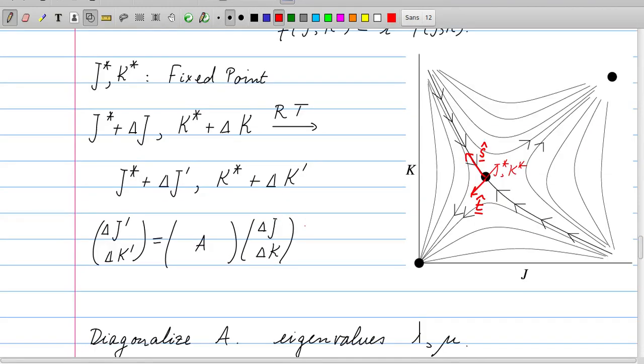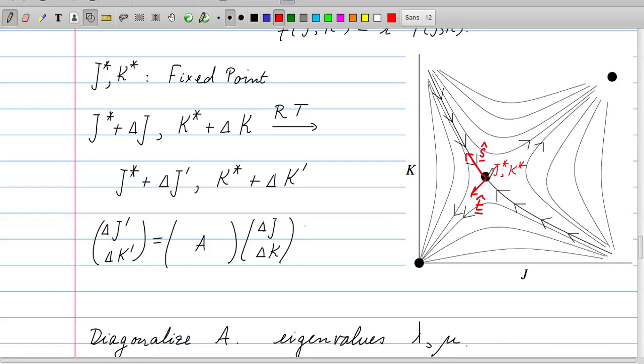So going back to the flow diagram where I see the fixed point, I've drawn two unit vectors, and they are the eigenvectors of this transformation A. There is the eigenvector t, which points in this direction and which corresponds to the eigenvalue bigger than 1, because it is moving away from the fixed point.